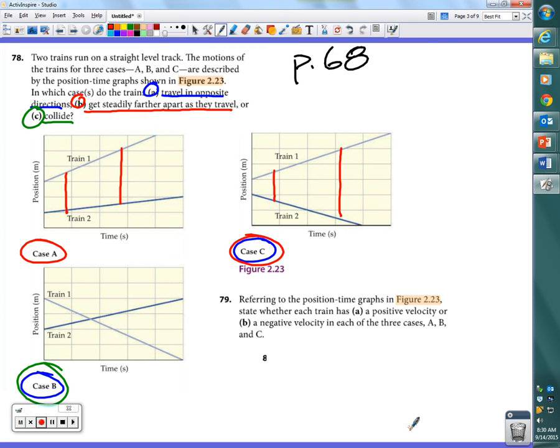Nate, go ahead. I suppose you could say that, like, here and here and here, right? Although I kind of saved that one for part C, because what do we see about the two graphs in part C? Yeah, probably.